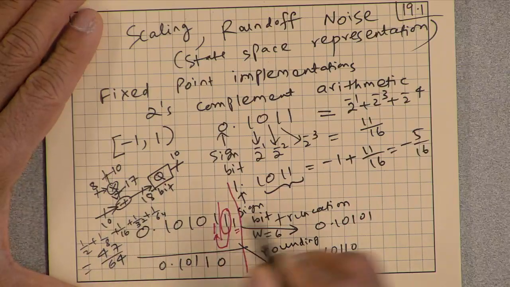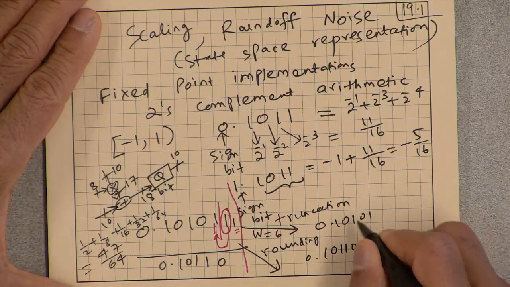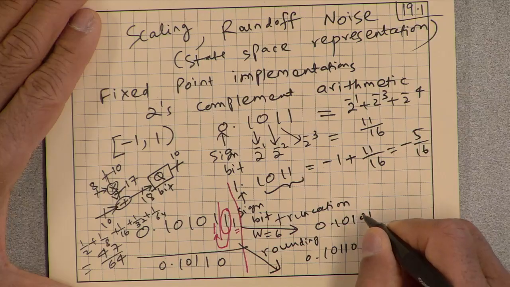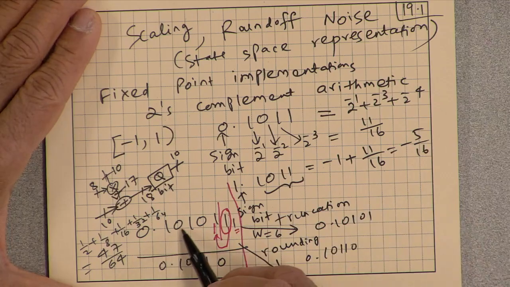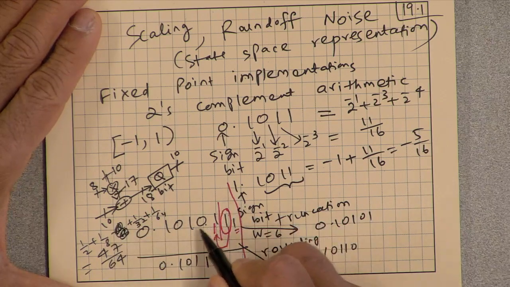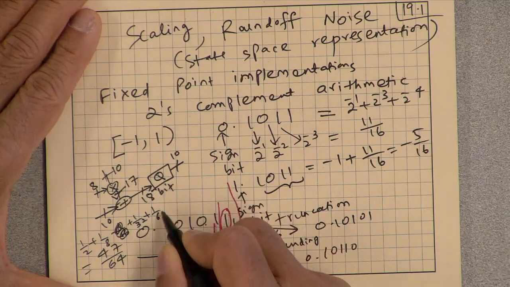And if you look at this quantity here, that is half plus 1/8. Something doesn't seem right. Half, quarter, 8. There is no 1/8 here. 32, 64, 128.